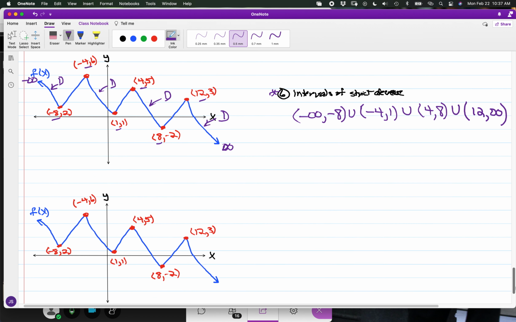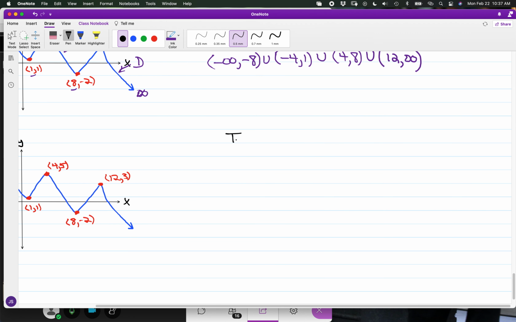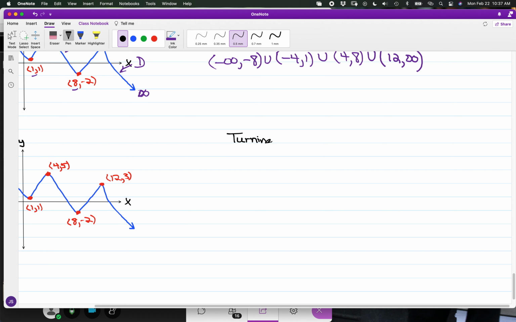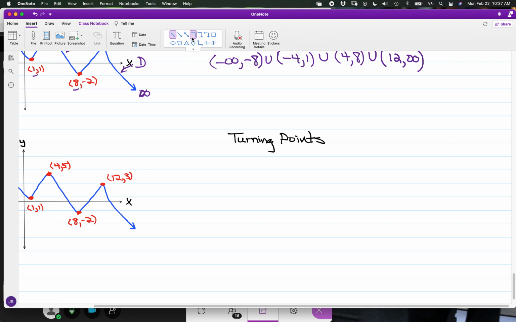Okay, and just kind of using this as a reference, there is another part here regarding the graphs of polynomial functions, and this will be what we have in the case of turning points.